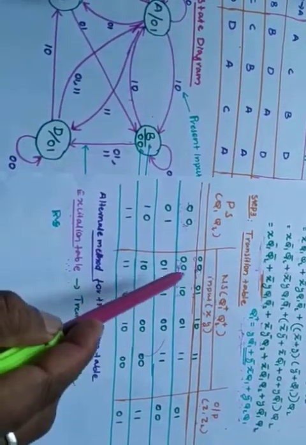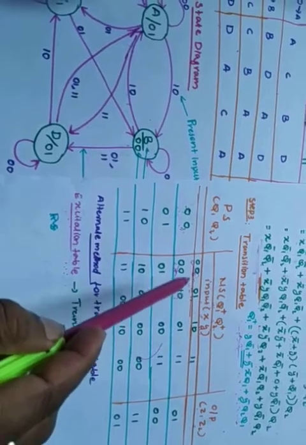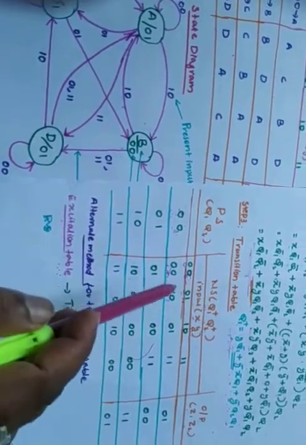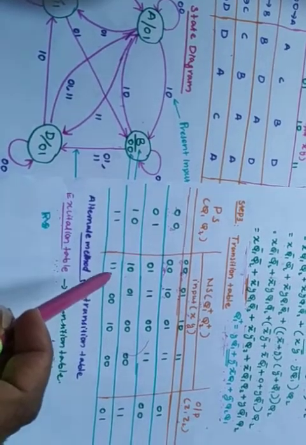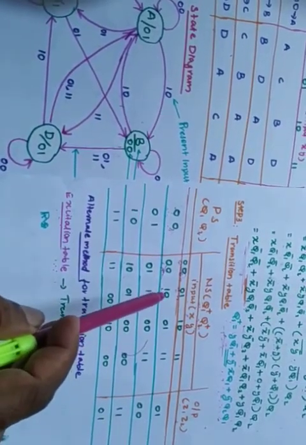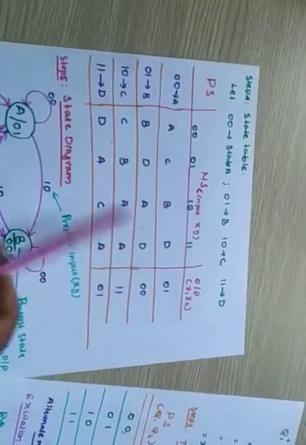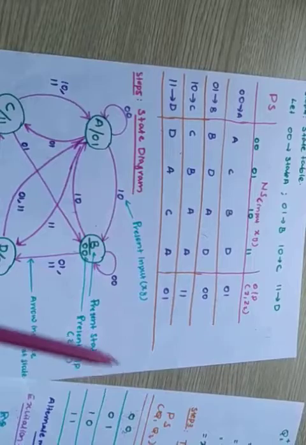These states 00, 01, 10, 11 you can put as A, B, C, D, and so on, filling up the entire states.